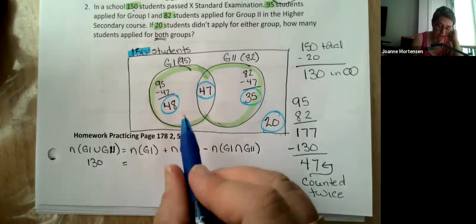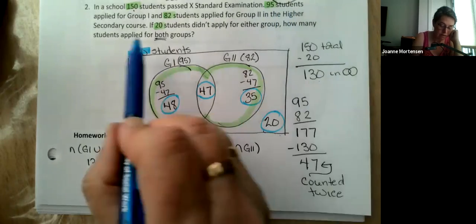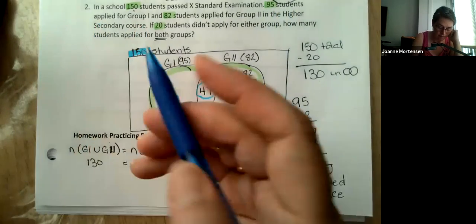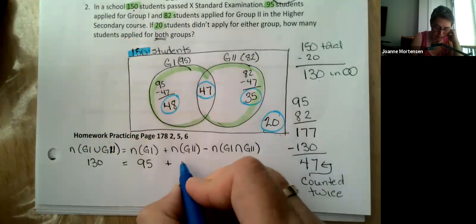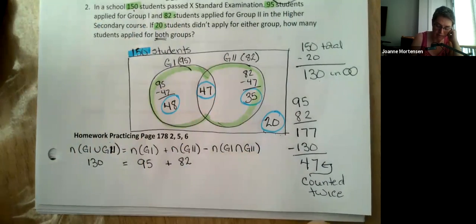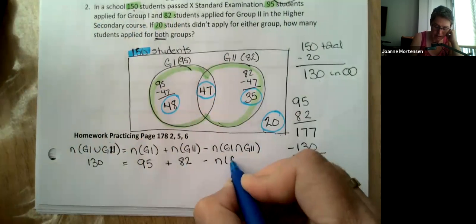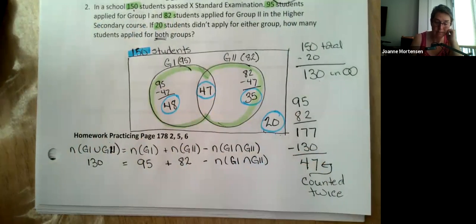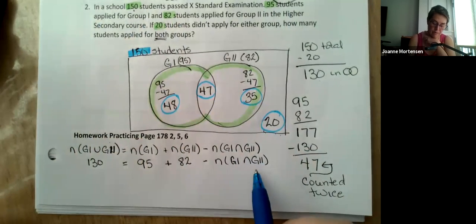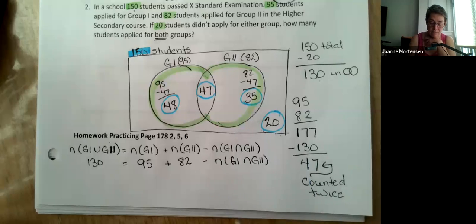Equal to G1, which was 95. Right, there's 95 students that applied for group 1 plus 82 students that applied for group 2 minus the number in G1 and G2. Because this is the one we don't know, right? I know we know it there, and we did our calculations to get there, but this is using the formula to get the same answer.